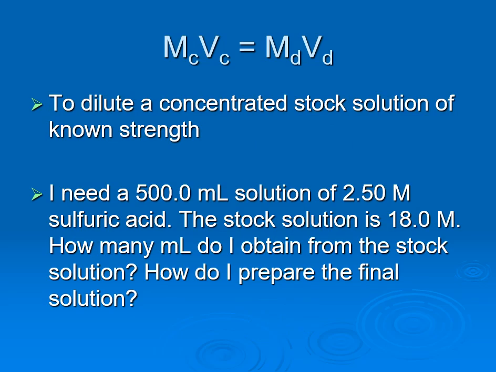This is the dilution equation. We've already talked about how to dilute things where we have concentrated and dilute. But acids, even more so than bases in a lot of labs, are ordered in stock solution form, meaning they are very concentrated. So sulfuric acid you might find in like 18 molar, hydrochloric acid typically 12 molar, nitric acid might be 14 molar.